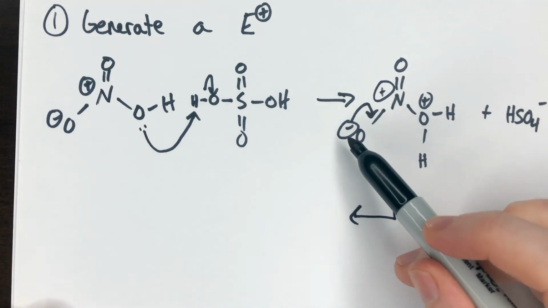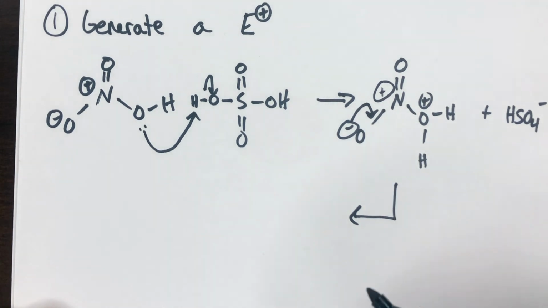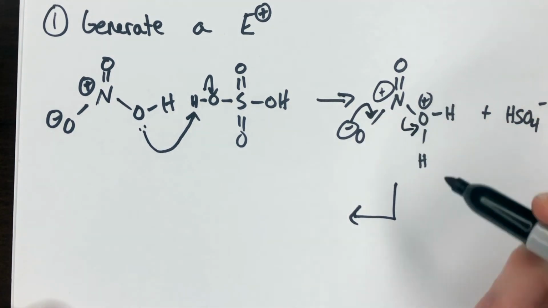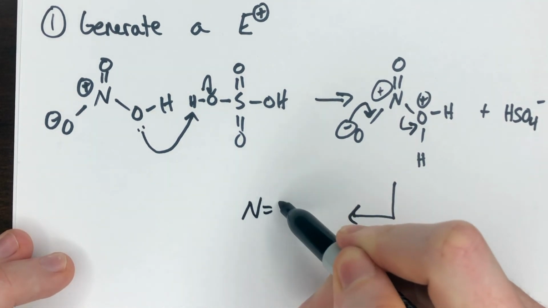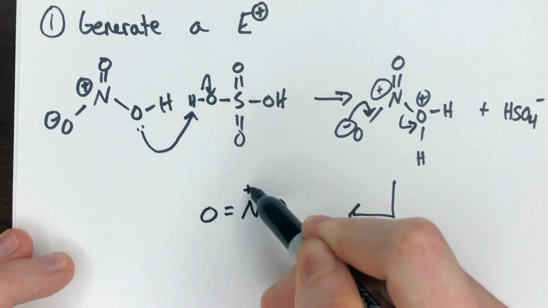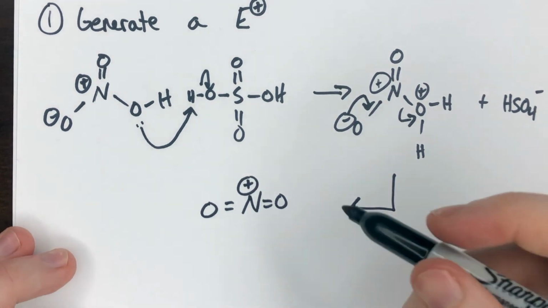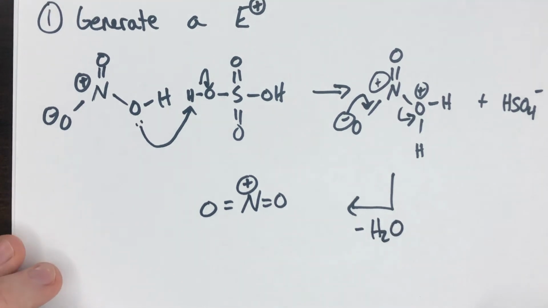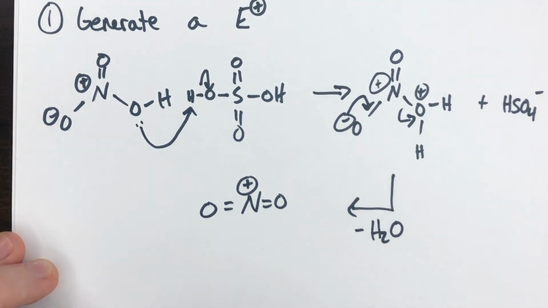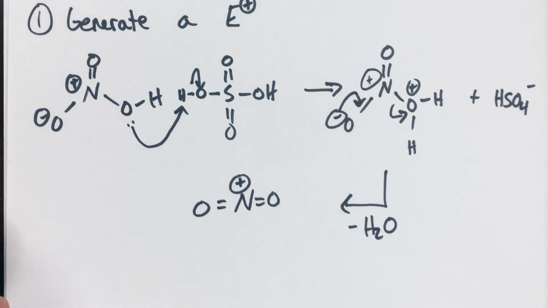And now we reform this oxygen-nitrogen double bond, and then we cleave water at the same time. So what this forms is NO2 plus, and then water as a byproduct, which I'll just draw minus H2O. This now is our extremely strong electrophile that will undergo the electrophilic aromatic substitution.